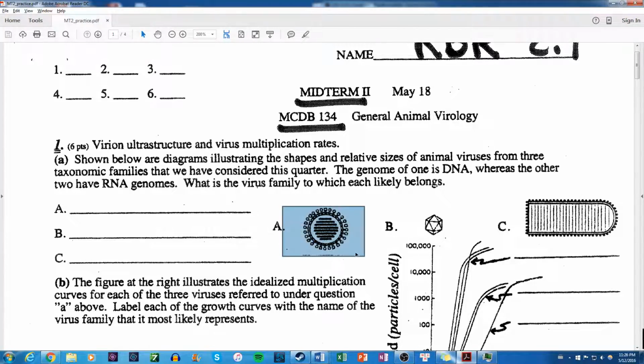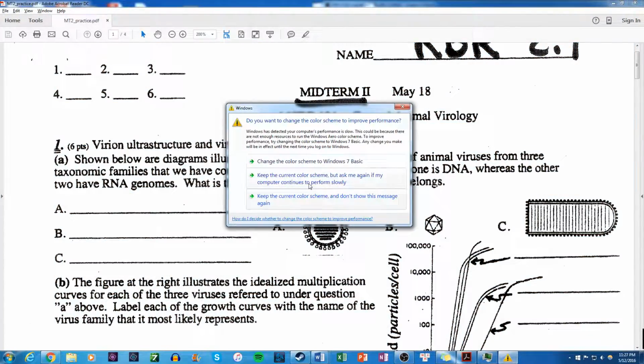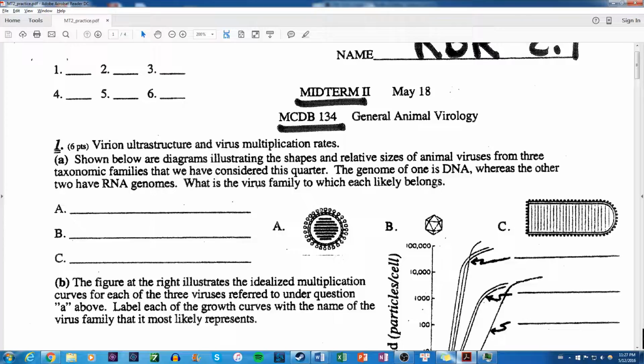You have your A right here. You can probably guess that it's enveloped. And you count the segments right here, there's 8 of them. So what virus do we know is enveloped and has 8 segments? Influenza. So put influenza right there, or you put orthomyxoviridae.